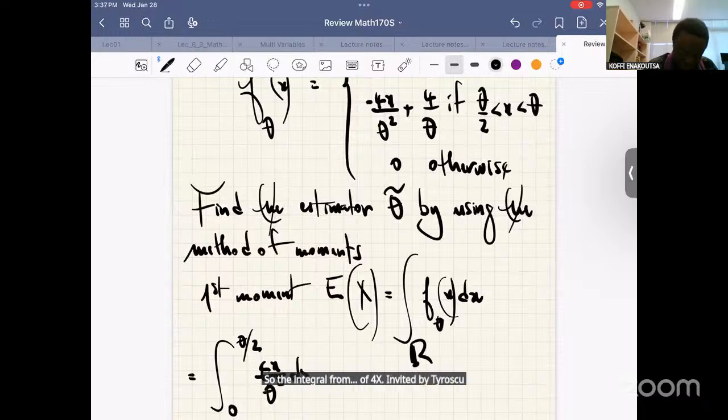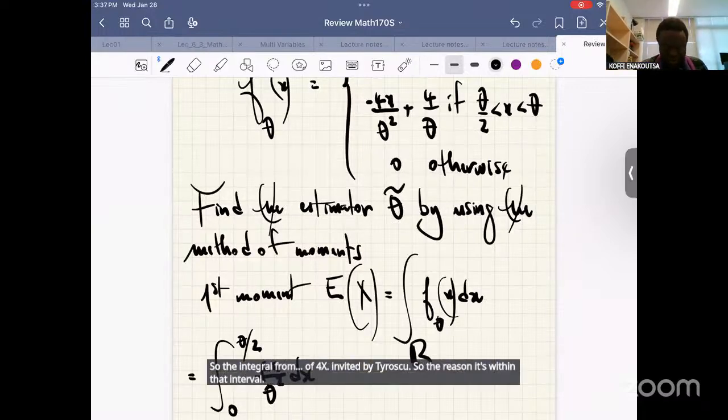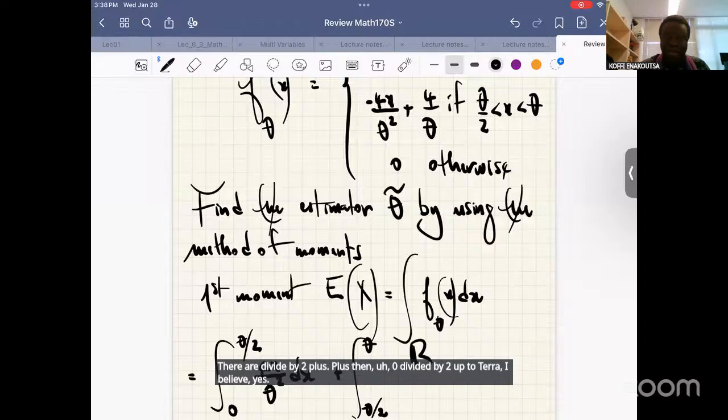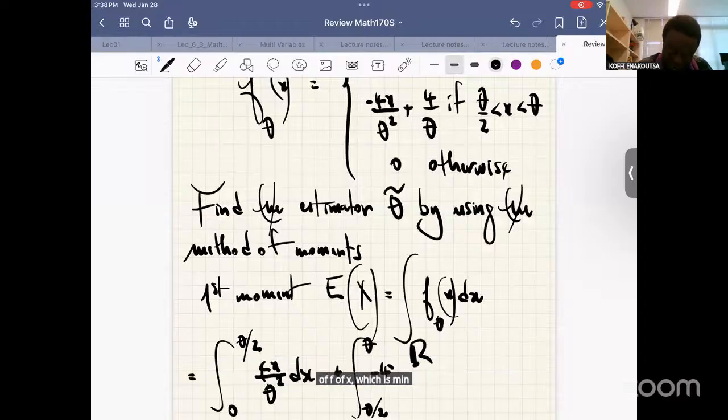The reason is that within that interval, x takes values from 0 to theta divided by 2, plus then theta divided by 2 up to theta, I believe, yes, of f of x, which is minus 4x again, divided by theta square plus 4 divided by theta, with dx again, like this.